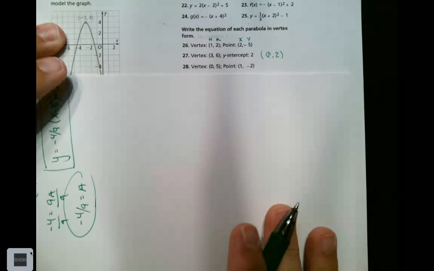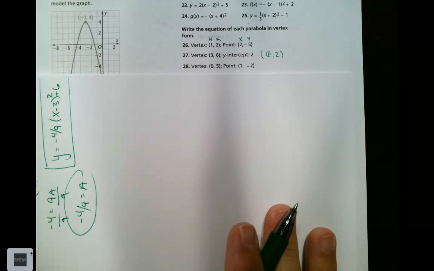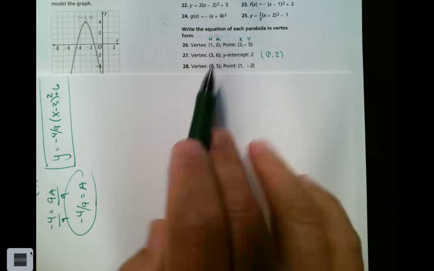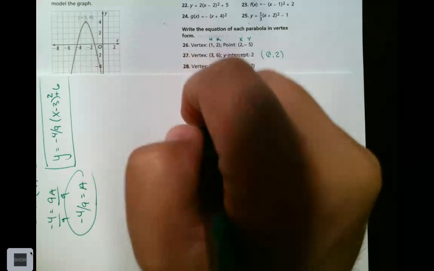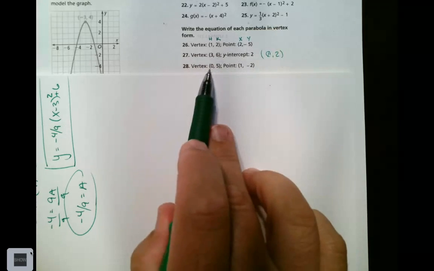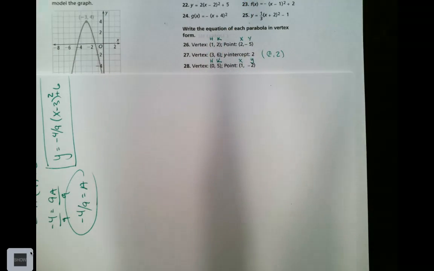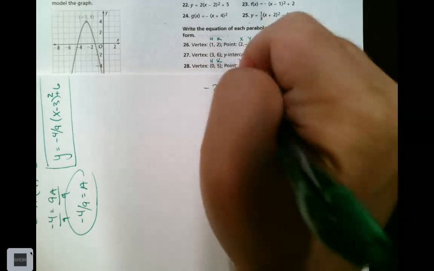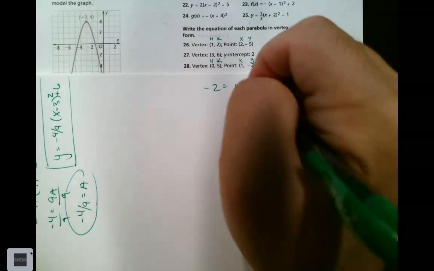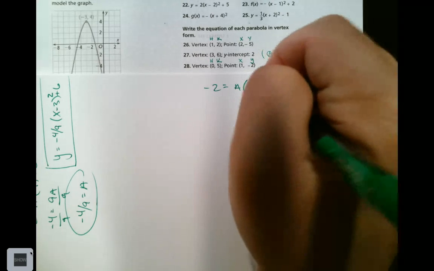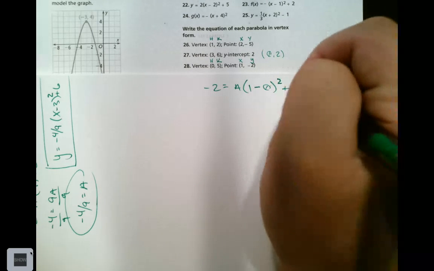Number 28. Just another point, or another set of points. So same information. Again, vertex, that's h and k. And then my point, that's x and y. So y equals a, that's what we're looking for, times (x minus h) squared plus k.